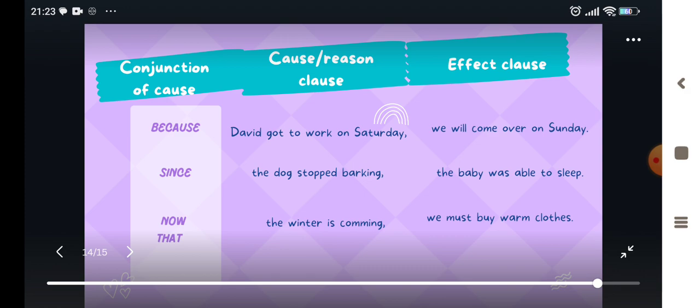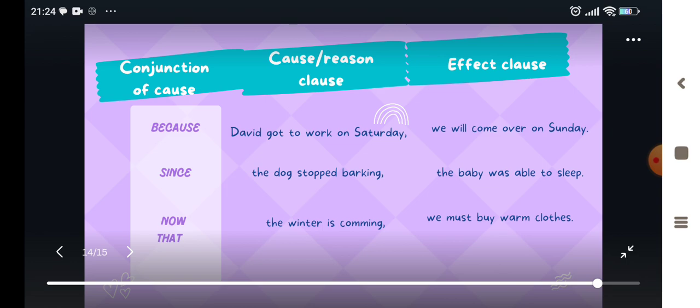Because is more common than since, both in writing and speaking. When we use because, we are focusing on the reason. We often use since when we want to focus more on the result than the reason.